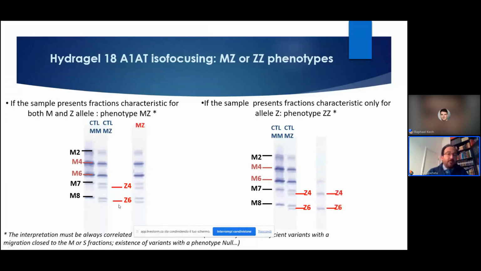And as you see, the heterozygosis is featured by a double band that represents the MZ and M, together with the Z4 and Z6 bands. Again, you see another case, but in this case you are observing a ZZ phenotype.